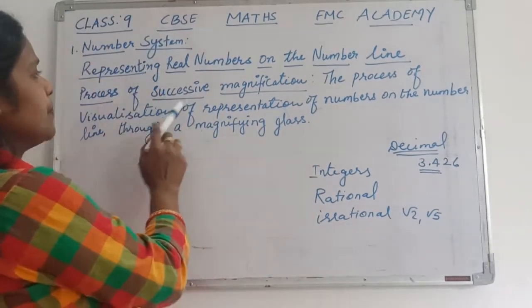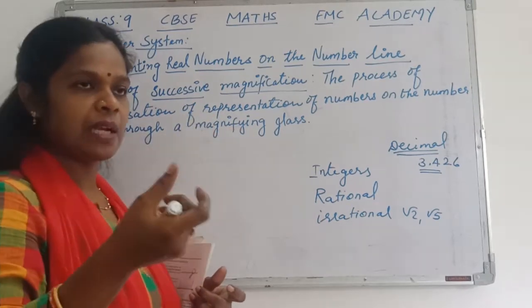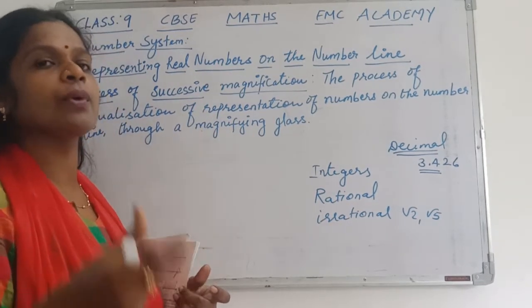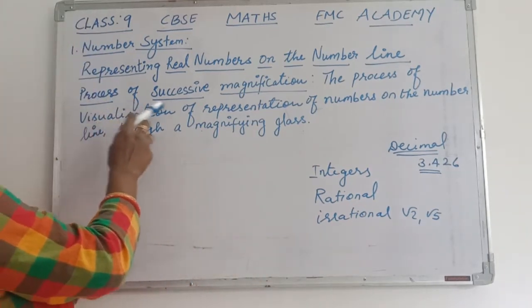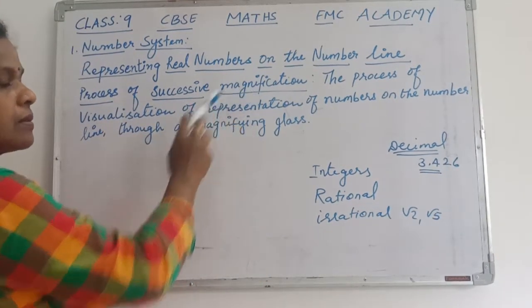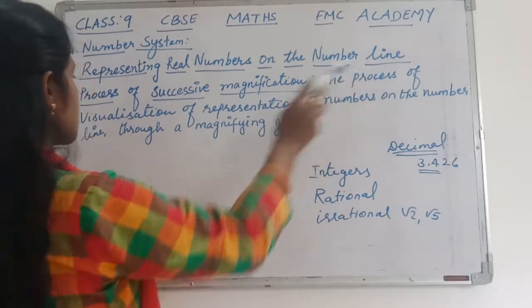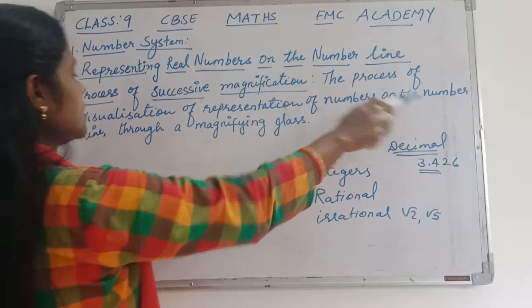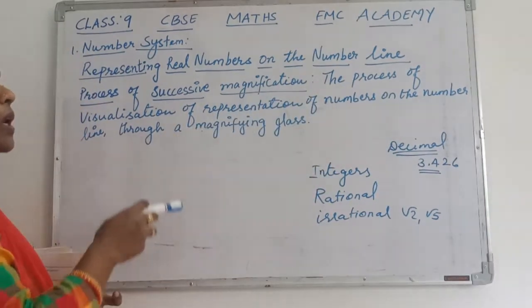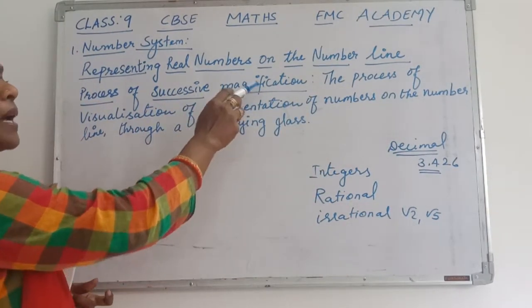Actually here, with the help of magnification, we are going to draw the number line. That's why this method is called the process of successive magnification. The process of visualization of representation of numbers on the number line through the magnifying glass is called successive magnification.